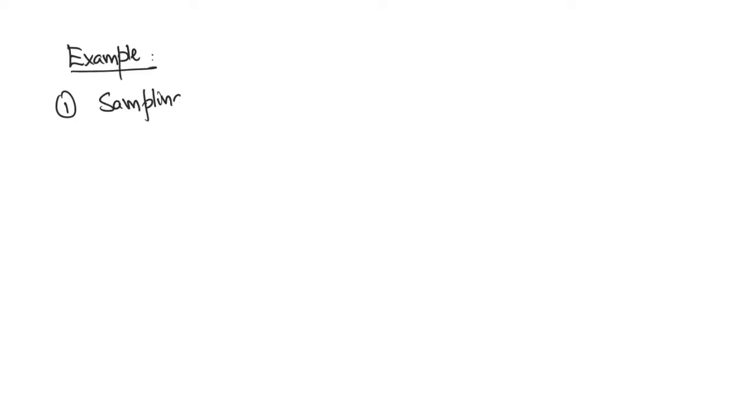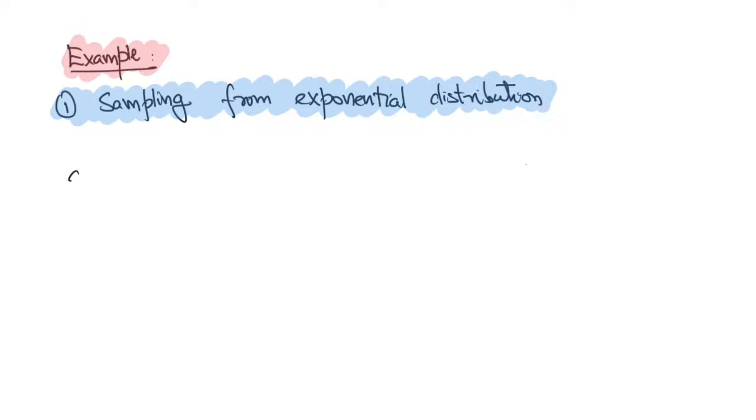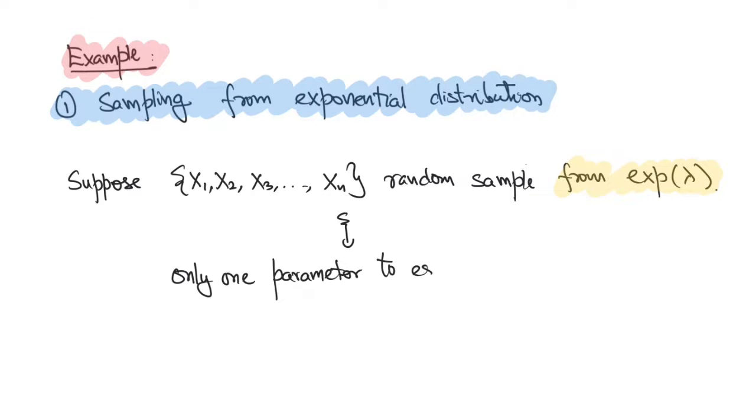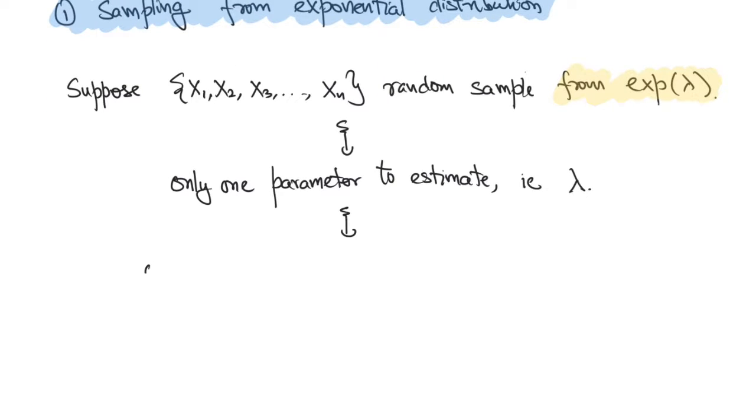So let's work out the case when we are dealing with a sample coming from the exponential distribution. Suppose we have a random sample x1, x2 up through xn coming from the exponential distribution with parameter lambda. Then in this context, we only have one parameter to estimate, that is lambda.